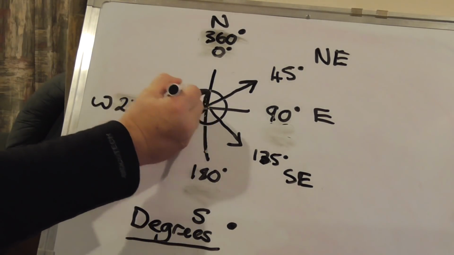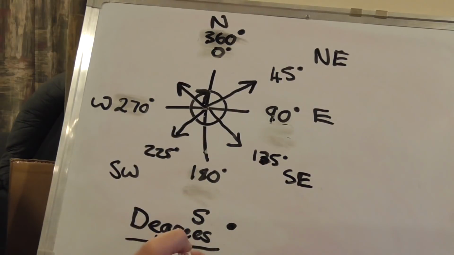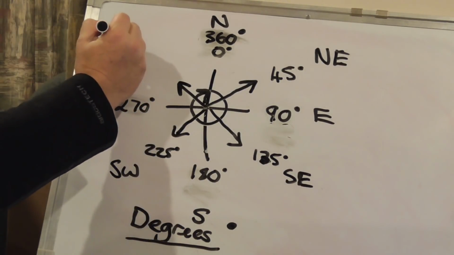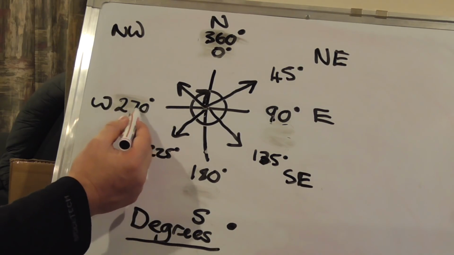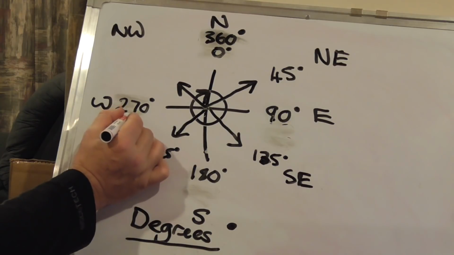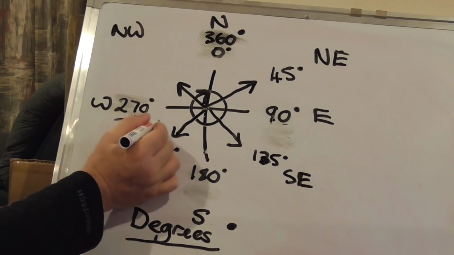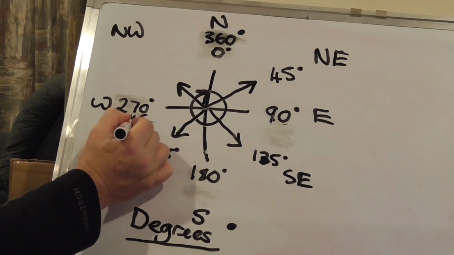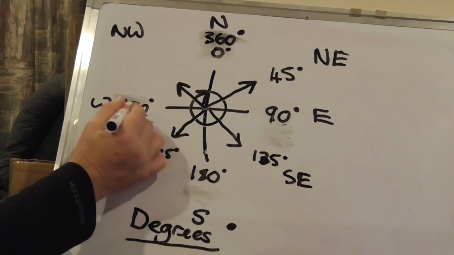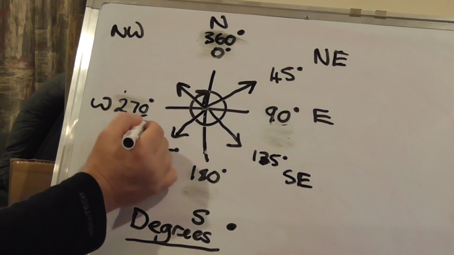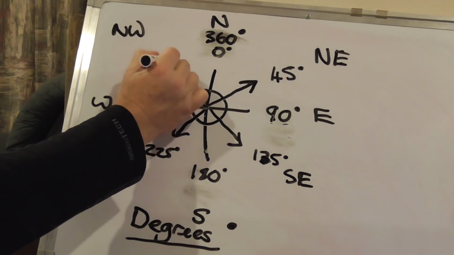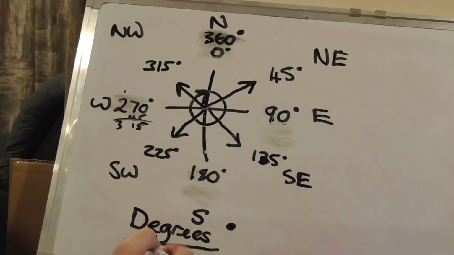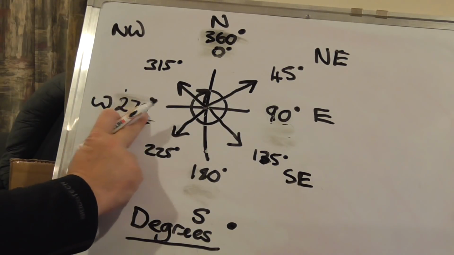And if we're heading in this direction, that would be a northwesterly direction, northwest. And we add an extra 45 onto here. So that would be what? 5, 10, 11, carry the 1, 315. 315 degrees, which is northwest.